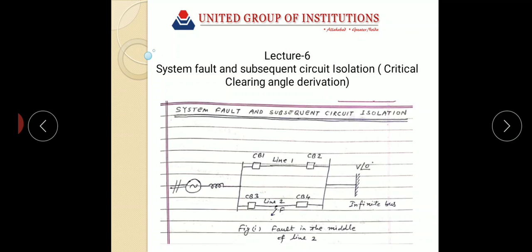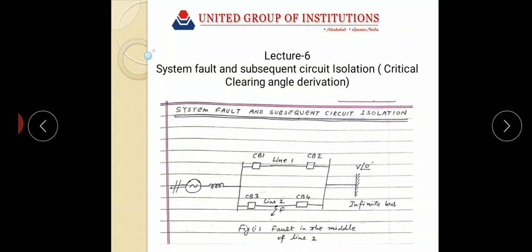Let us further assume that the fault is not sustained but it is cleared after some time by opening of the circuit breakers at both the ends of the faulted line.